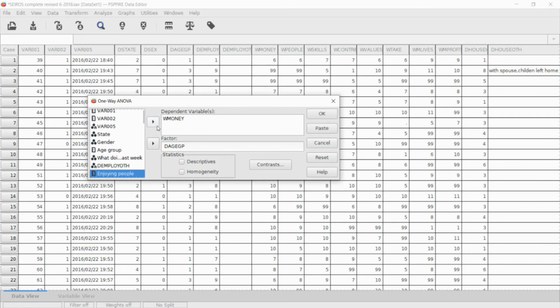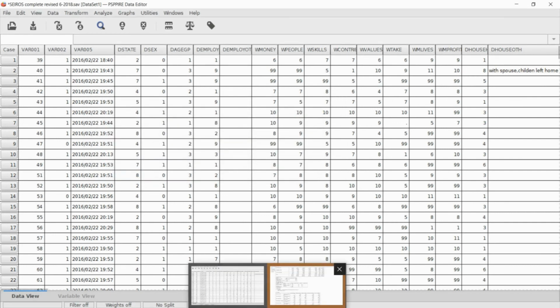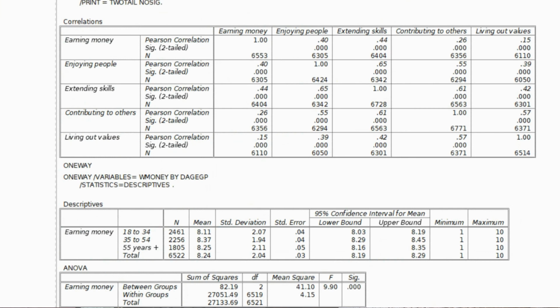For example, if we look at the importance of earning money by age group, we find mean scores for its importance for each age category. Rather than chi-squared, we find an F-score, which measures the extent of the difference between the means. The significance value is interpreted as other significance tests are, however, and we look again for a value of 0.05 or less to indicate significance.